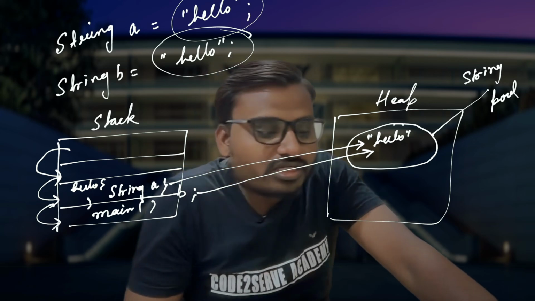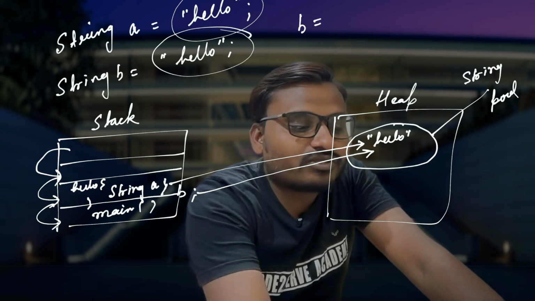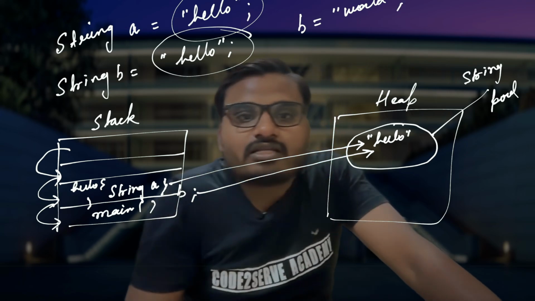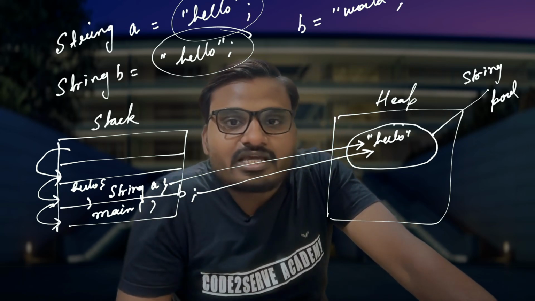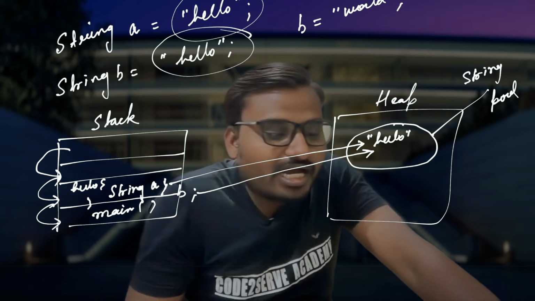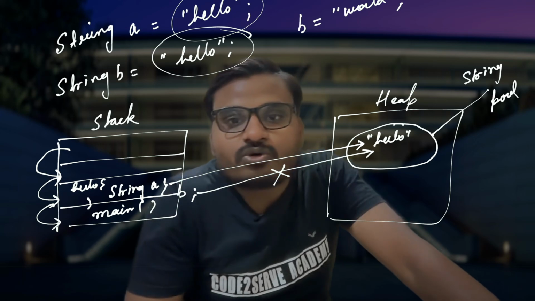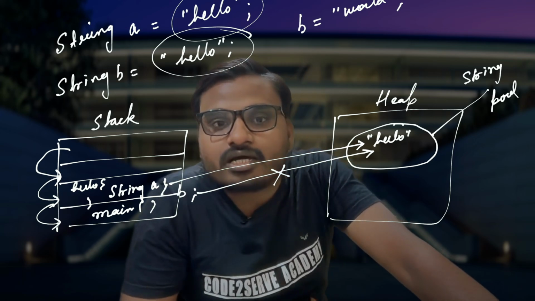But now, suppose I say b is equals to world, right? That means the value has changed, and the reference to this is no more correct.